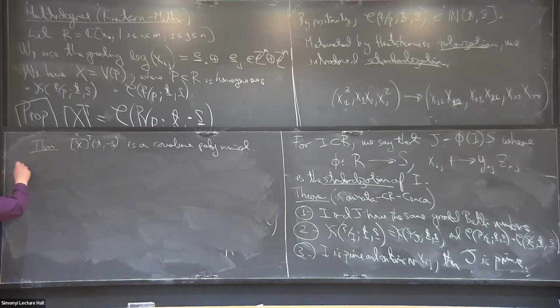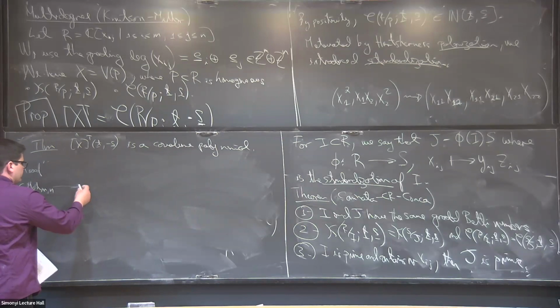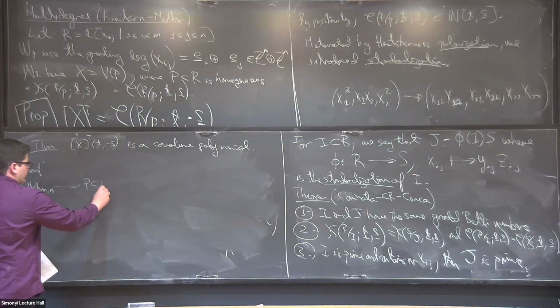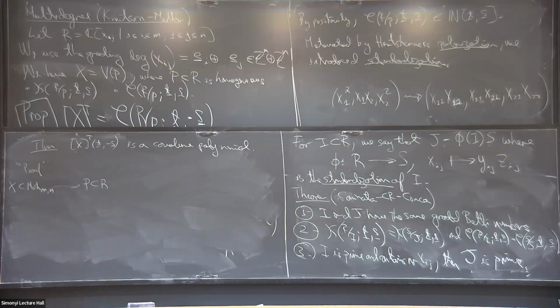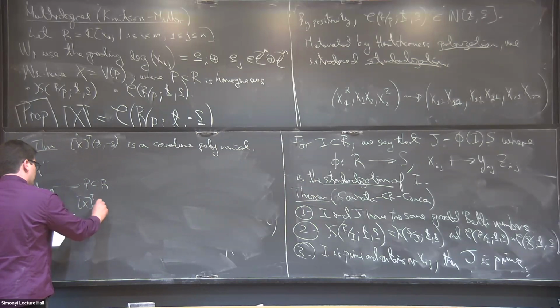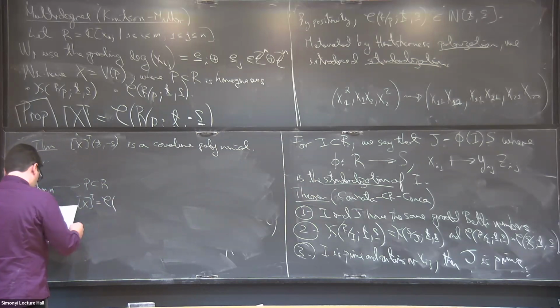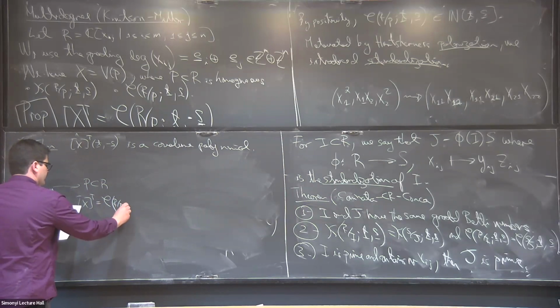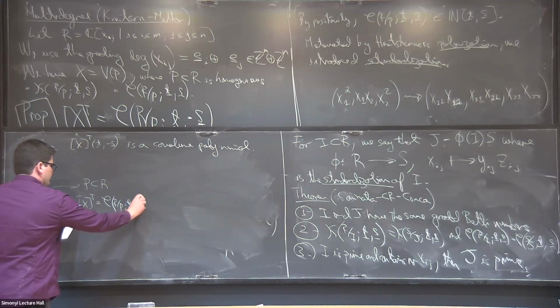The sketch of the proof would be: you start with some irreducible T-equivariant invariant varieties inside this space of matrices. Using Knutson-Miller, you get the prime inside R, such that this class is the multi-degree polynomial with T and then minus S.